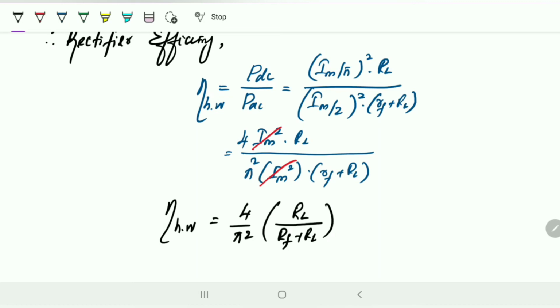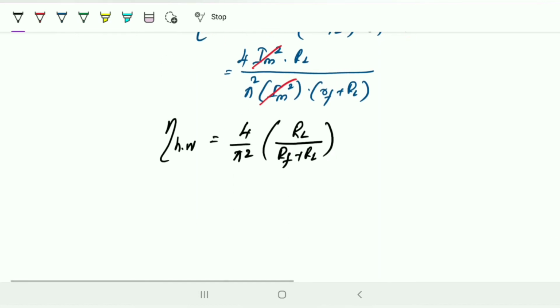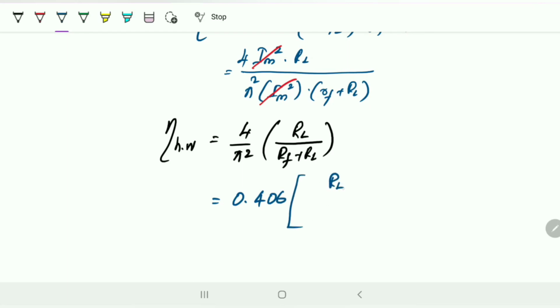If I find this 4 divided by pi square value, I get 0.406 into RL divided by RF plus RL.